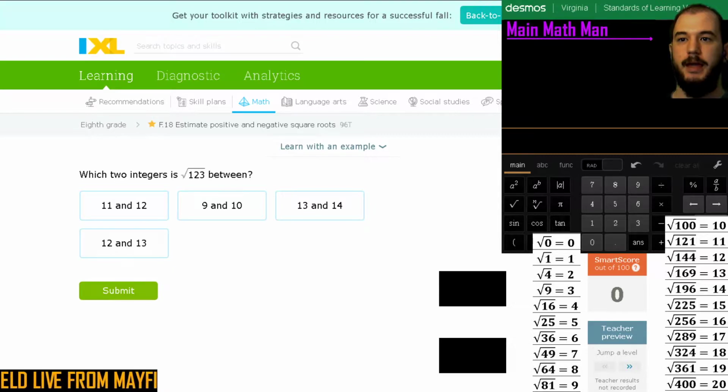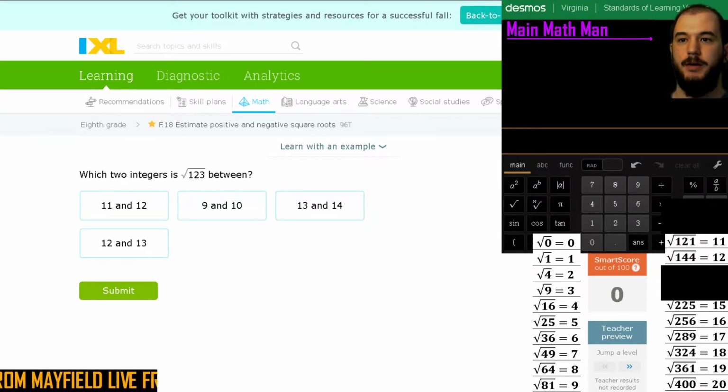I know that 123 is just above 121, which is a perfect square, and it is less than the square root of 144. So what are those two results? Well, it's 11 and 12. So I'm going to claim that it's 11 and 12.